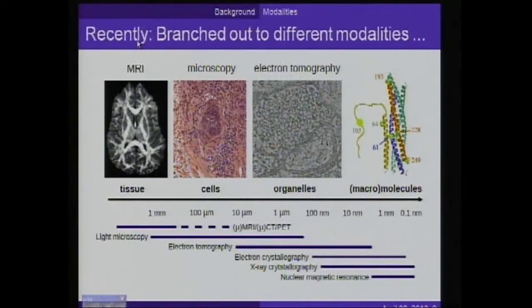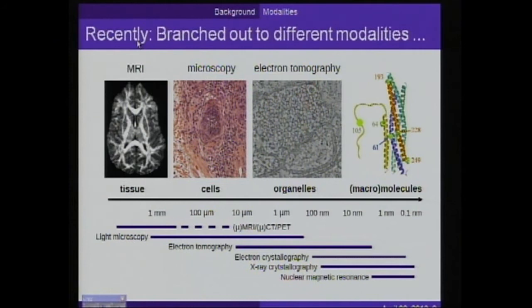So I work on MR, I work on microscopy images, also work on electron tomography. So you're really looking at very different scales in terms of spatial resolution, where you're looking at millimeters, you go to micrometer scale, and for electron tomography, where you can have 3D image reconstructions, you're really looking at the scale of nanometers.